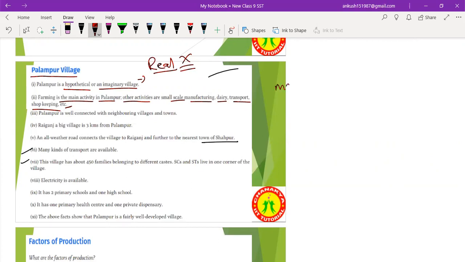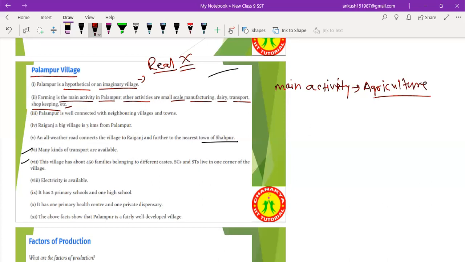So the main activity of this village is agriculture. Agriculture is the backbone of our economy.